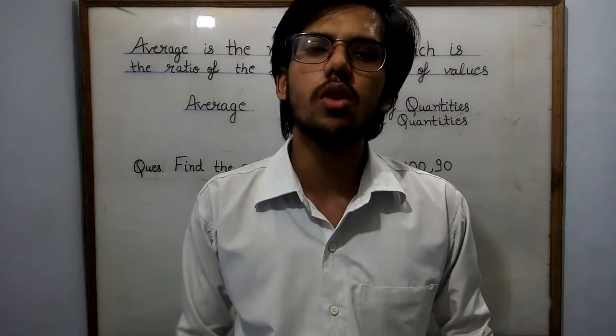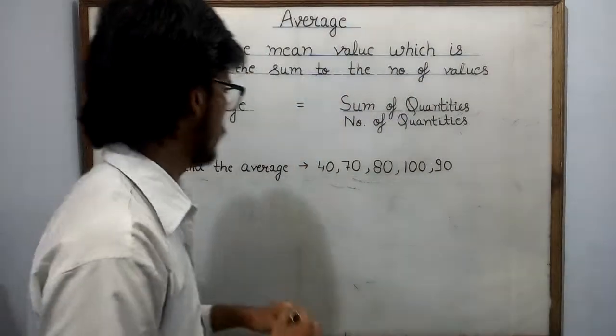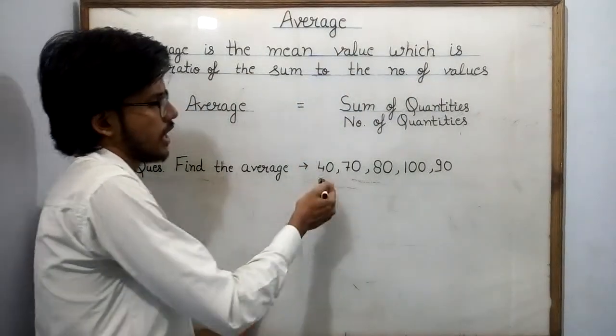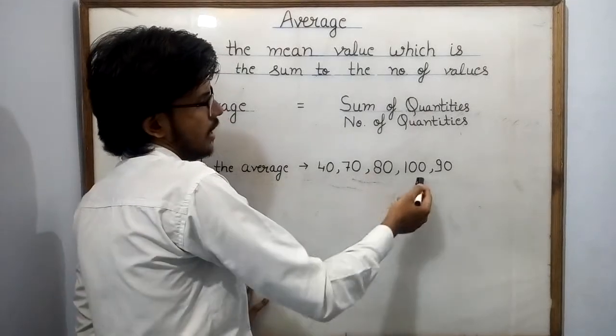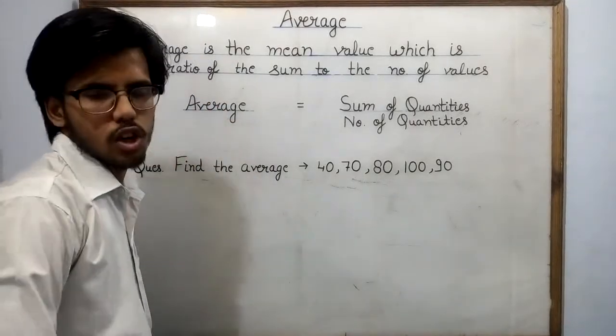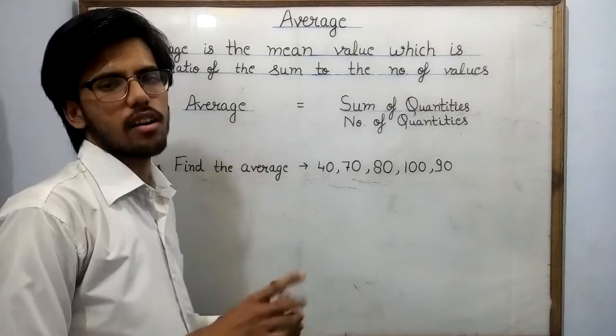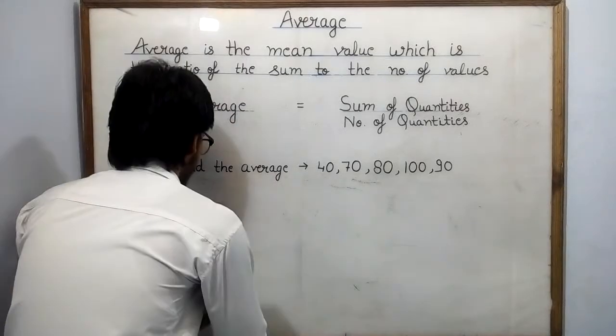So let's move on to our first example. We have to find the average of 40, 70, 80, 100 and 90. So first of all, we will write the formula.